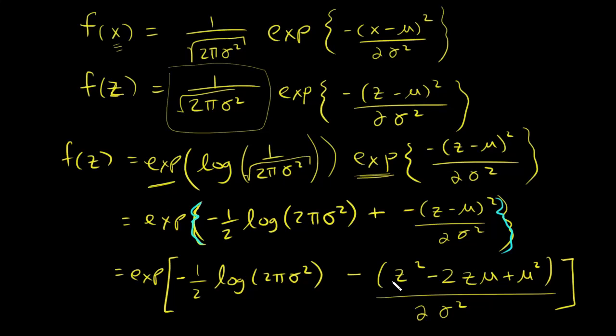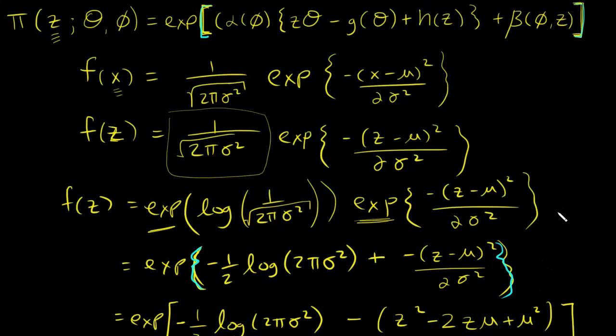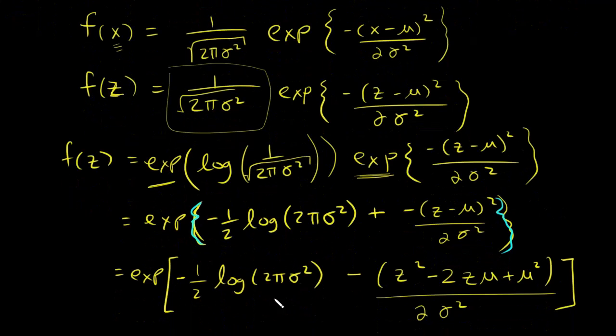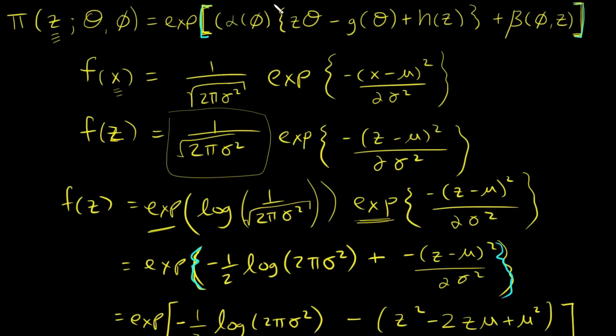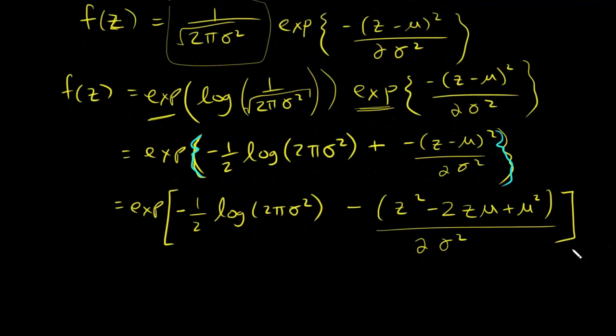And then I'm also going to rearrange this and put all of this stuff in the back, because eventually I want to make it look like this. I think that if I put this in the back, it'll look a little neater. So I'm just rearranging this difference.